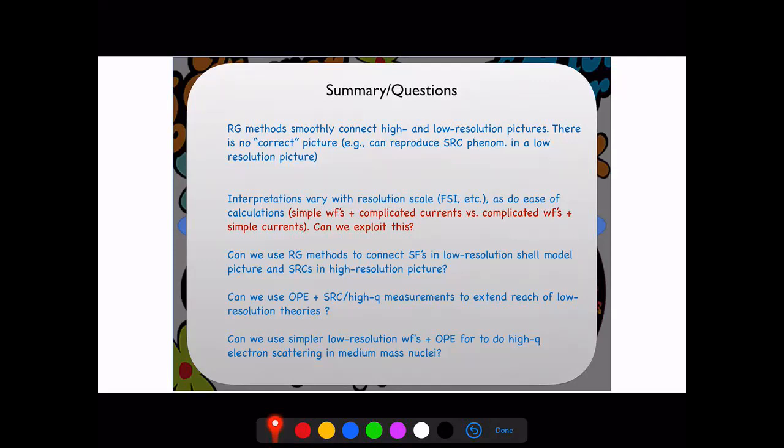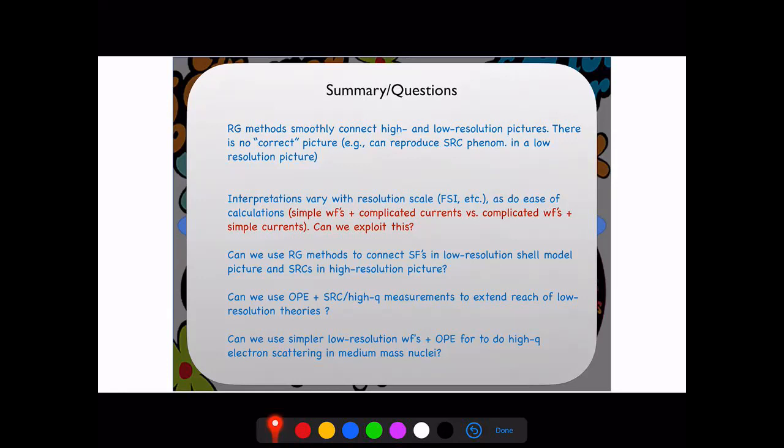Yeah, I have vague thoughts. You want to use these high Q measurements to learn something new about the nuclear force that we don't already know.